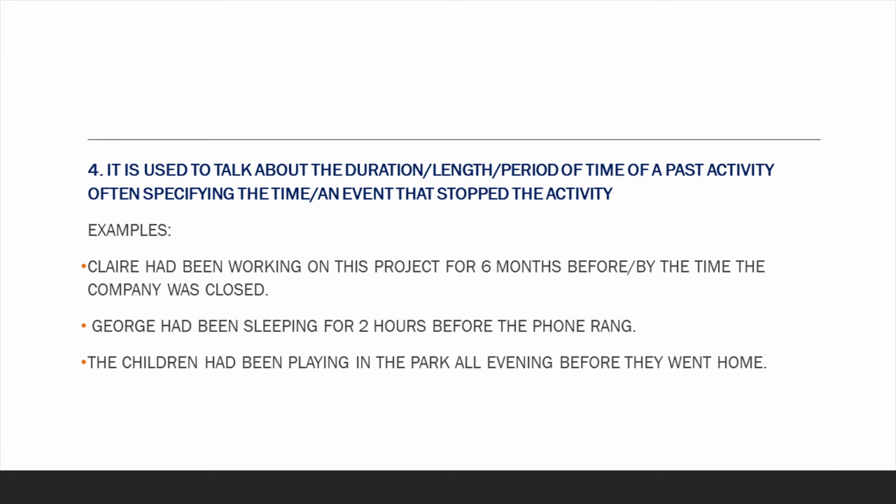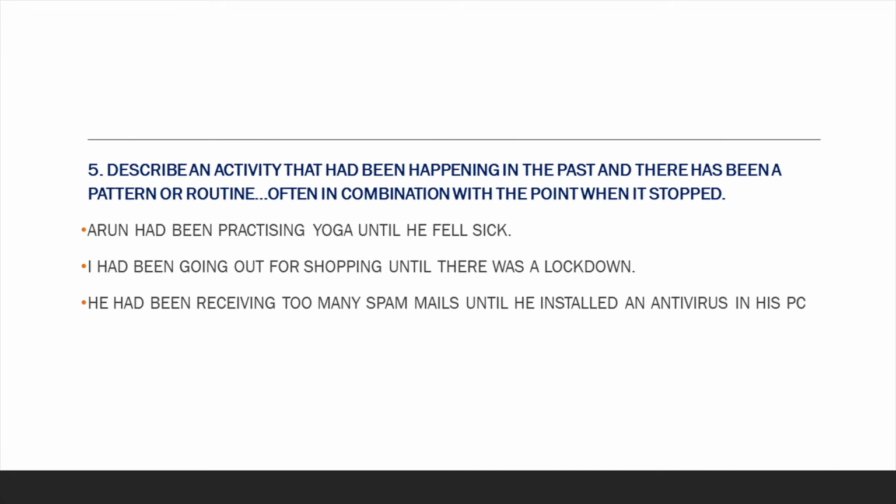The past perfect continuous is also used to describe an activity that had been happening in the past and there has been a pattern or routine. It is often used to talk about habits, and this again specifies at what point the action stopped. So for example, Aaron had been practicing yoga until he fell sick.